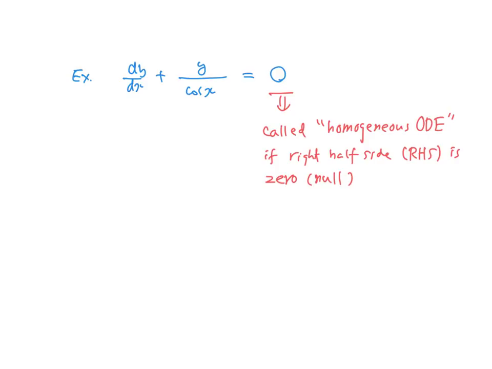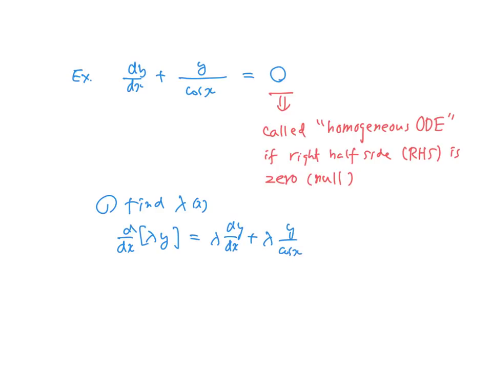So step number 1 is to find the lambda, right? So d(lambda y)/dx is lambda dy/dx plus lambda cosine x y equals 0.